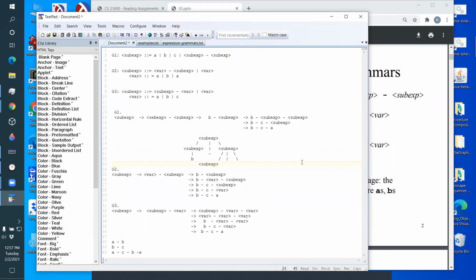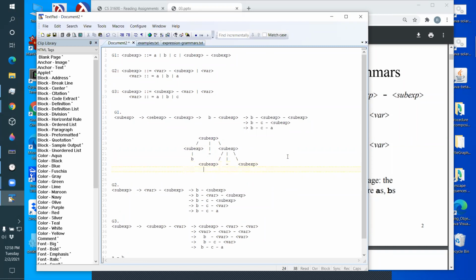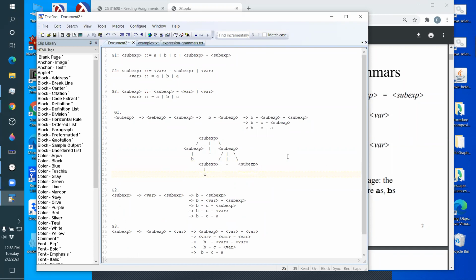The middle branch is the minus sign, and the right branch is another sub-expression. And then this one gave me the letter C, and this one gave me the letter A. Okay, that's the tree for that one. That's the parse tree that went with this derivation.